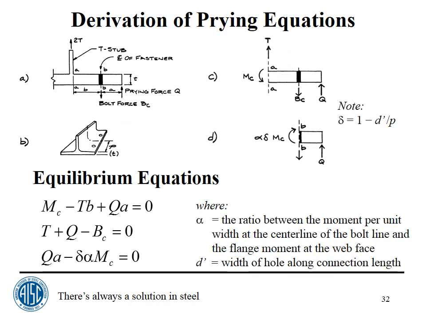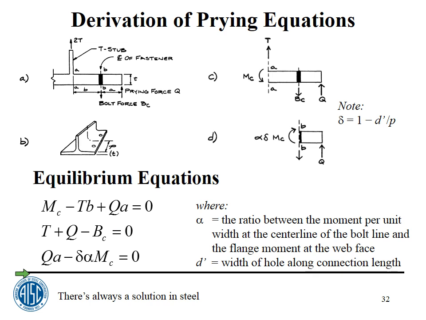So if I take counterclockwise positive, I've got M sub C minus T times B plus Q times A equals 0. That's the sum of the moments for this free body diagram about this section. The second equilibrium equation is the sum of the vertical forces for diagram C here. So I get T plus Q minus B sub C equals 0.